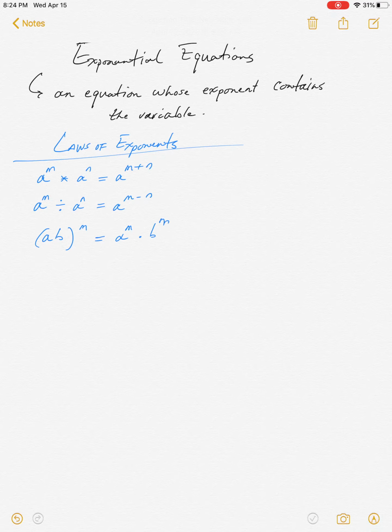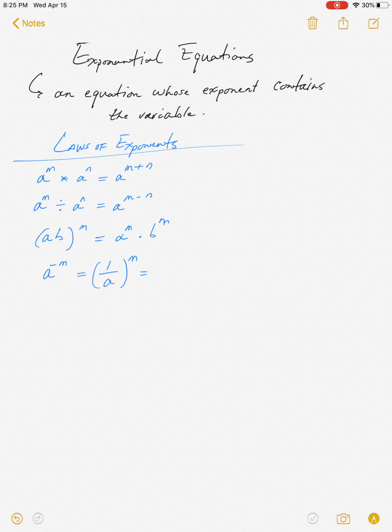Alright? And then we have negative exponent: a to the negative m. That negative sign says take the reciprocal of the base. The base is a, so we take the reciprocal of the base. We've done what the negative sign told us to do. Keep the exponent on our side.